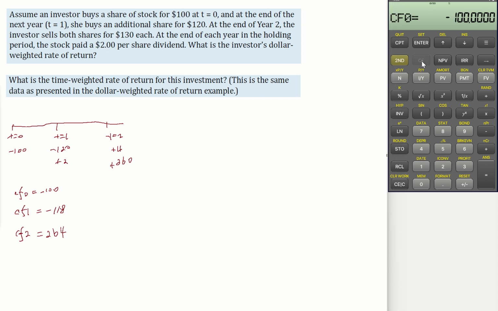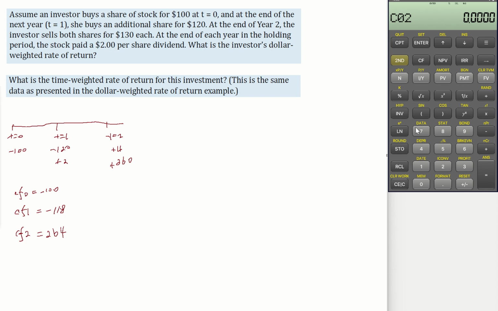So click cash flow, and click second and clear register. So first year cash flow is 100 minus, enter and next. For year 1, cash flow is 118 minus, enter and next.